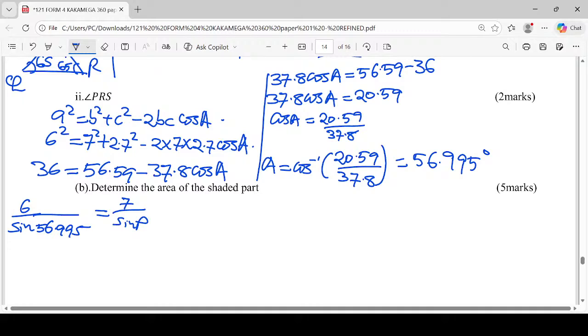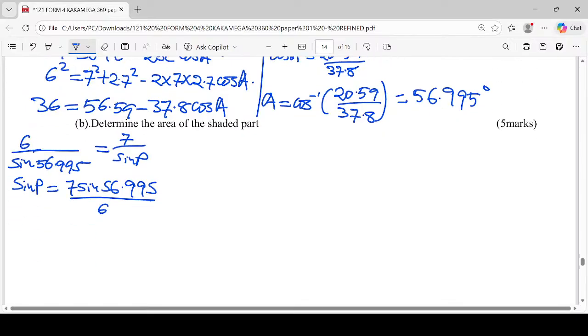So that means that sine P will be equal to 7 sine 56.995 divided by 6. So that is like saying 0.9503. Then to get P, the angle at P, we are going to get the sine inverse of 0.9503.